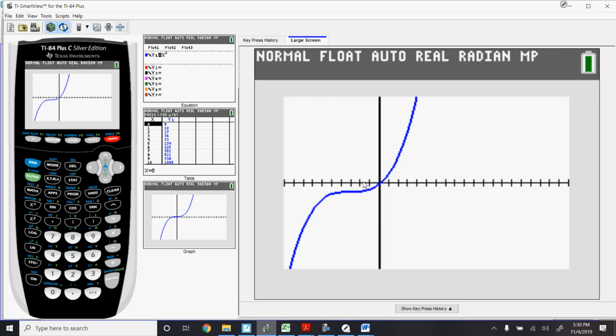And look at what we're seeing at negative 3. We're seeing that terrace point. So it's most definitely a critical point, but this point isn't a local max or a local min. It's neither.